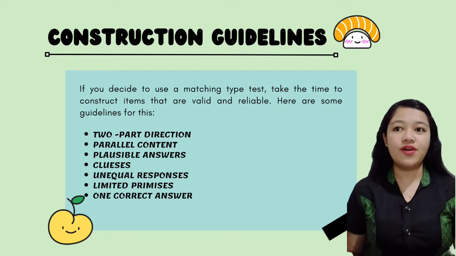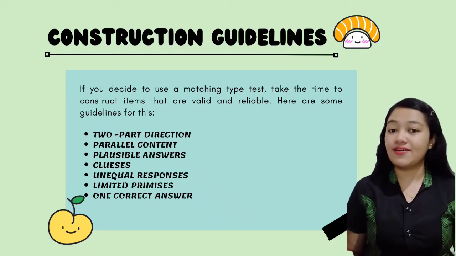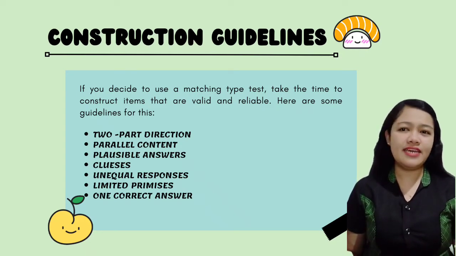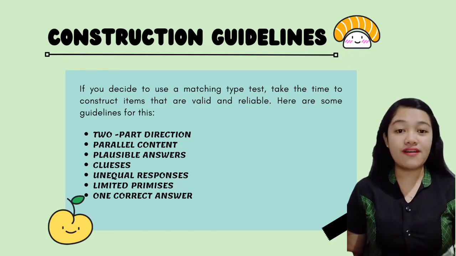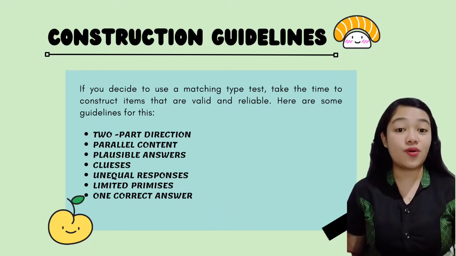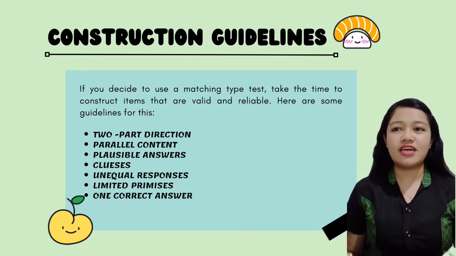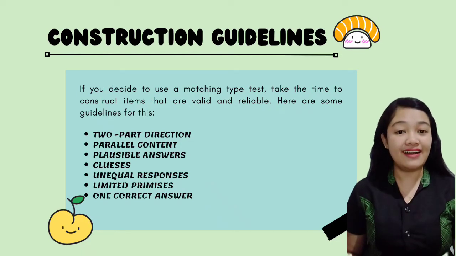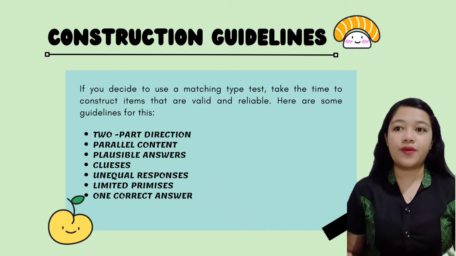And then number five, we have unequal responses. In an ideal world, you should present more responses than premises, so the remaining responses don't work as hints to the correct answer. This is not often possible when using a template. And number six, we have limited premises. Due to the capacity limitations of working memory, avoid a long list of premises in the first column.